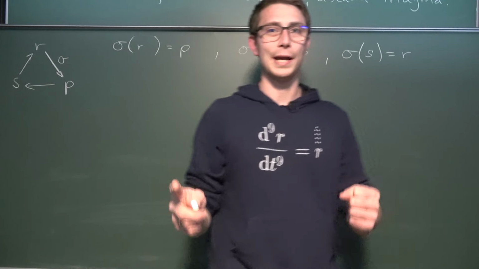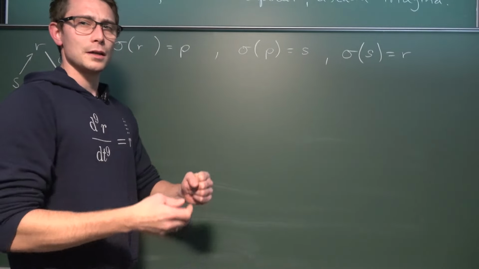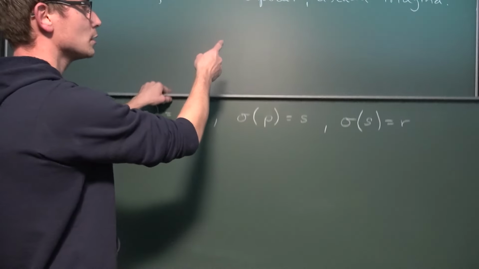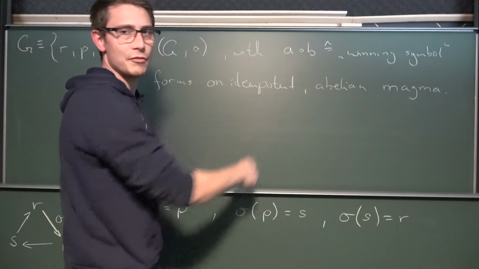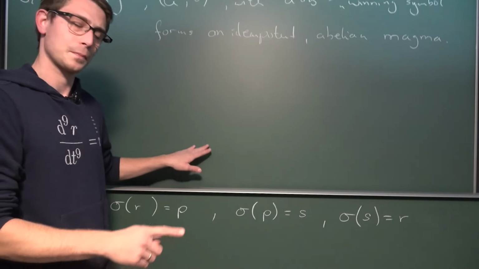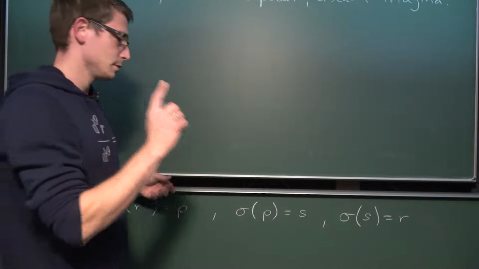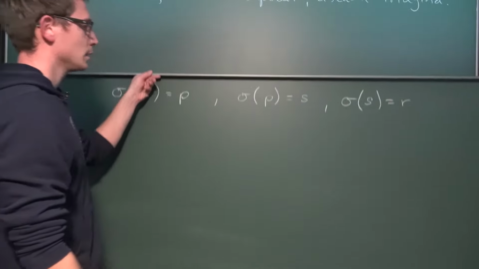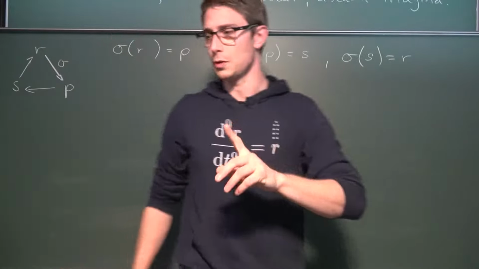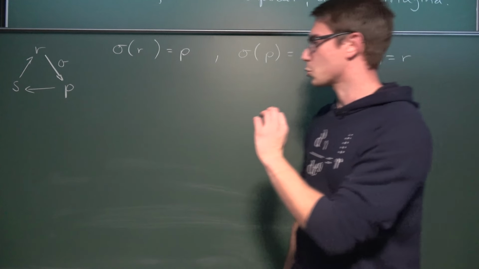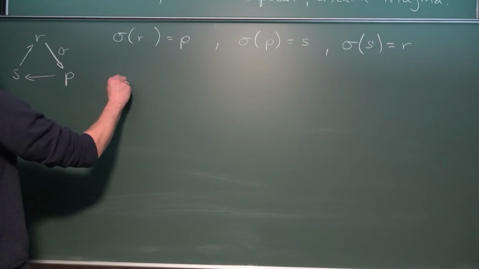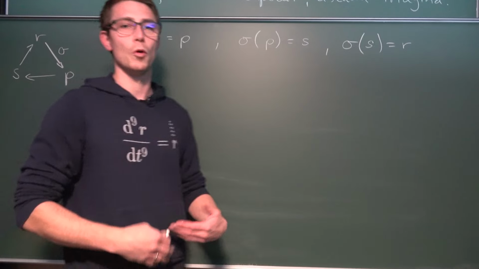Now this becomes a lot more interesting if we take our sigma, our arrow, and combine it with the operation that we have embedded on our set G. What do I mean by that? We are going to create ourselves a so-called homomorphism.